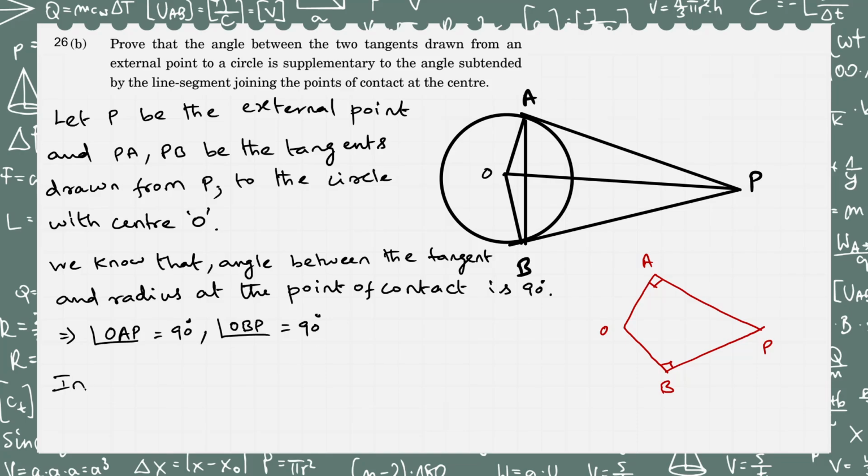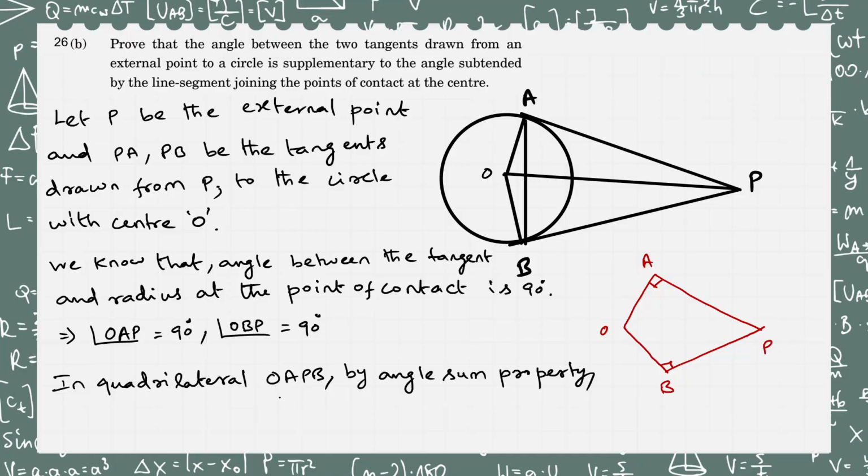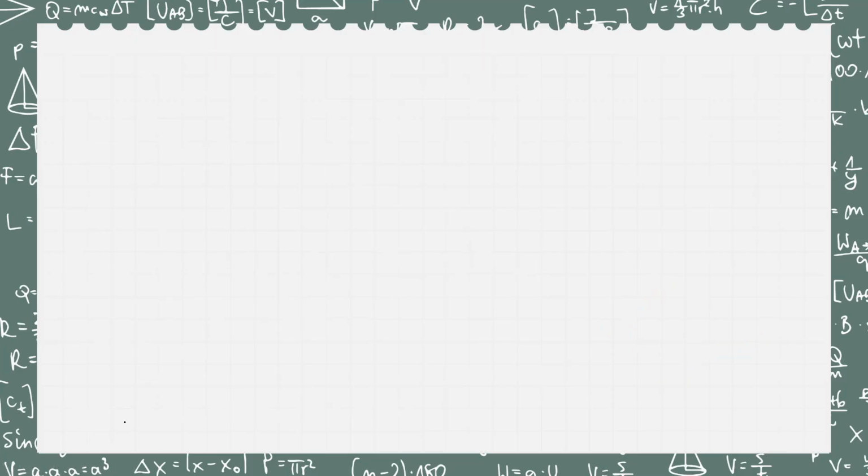So in quadrilateral OAPB, by the angle sum property, the sum of the angles equals 360 degrees. Let us write them. Angle APB plus angle OAP plus angle OBP plus angle AOB equals 360 degrees. That implies angle APB, which we don't know yet, so let us keep it as it is.